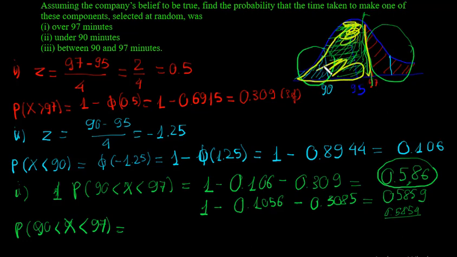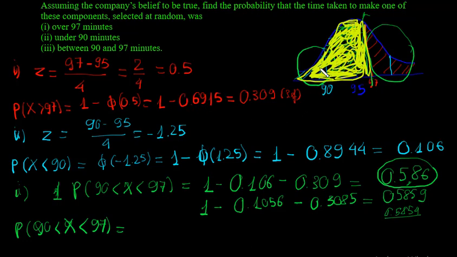Using the z-score table, we can find this area easily, like we did before; it's phi of 0.5.